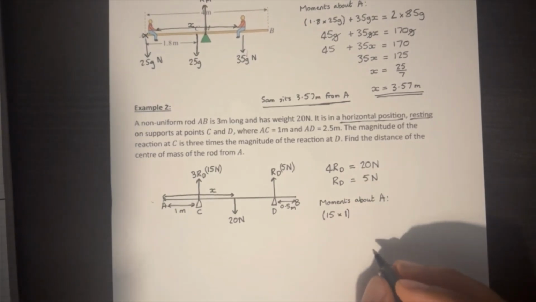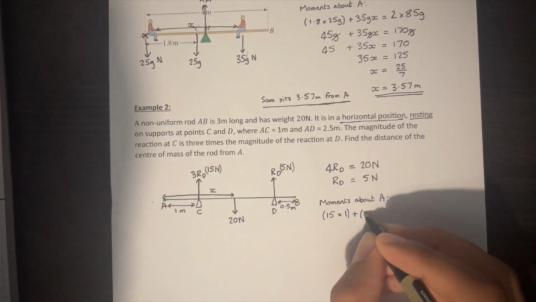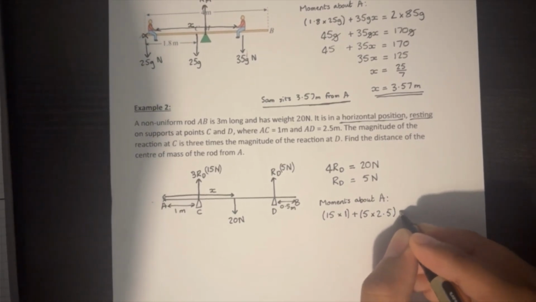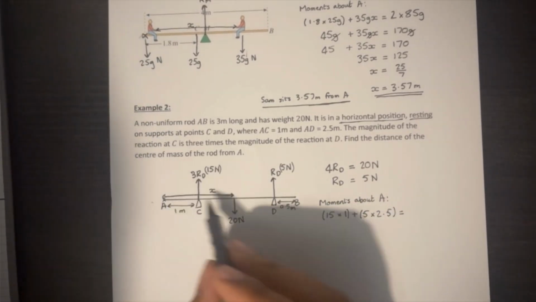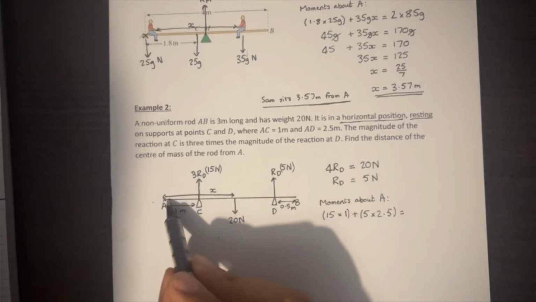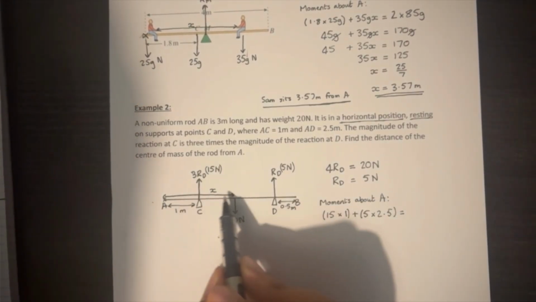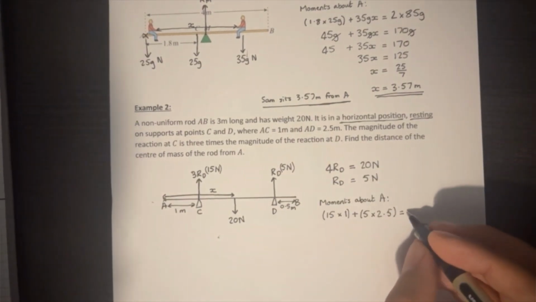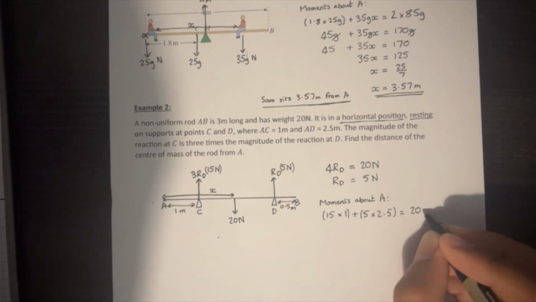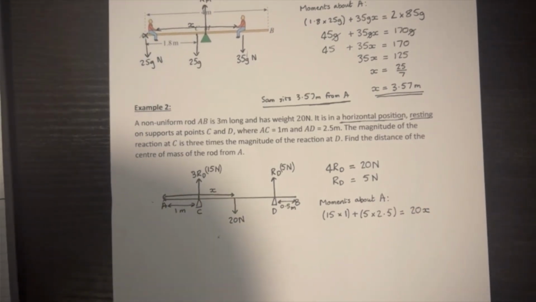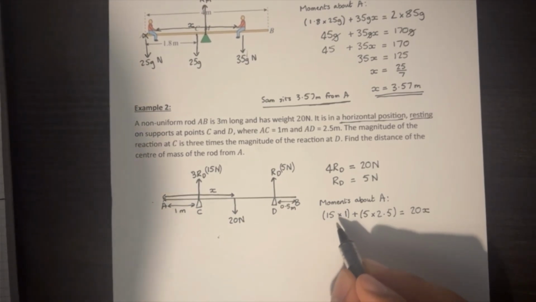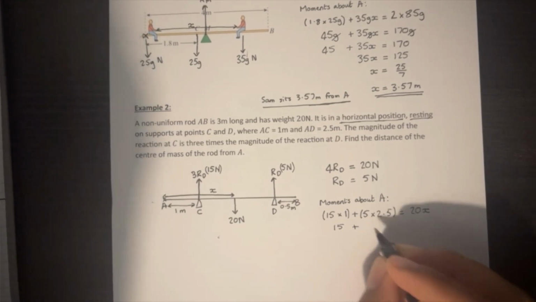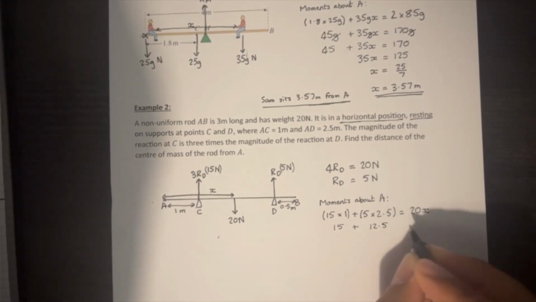So 15 times 1 plus 5 lots of 2.5, and that is equal to the moment in the clockwise direction, which is that distance x times 20. So 20x. Doing a little bit of simplification, 15 times 1 is 15, 5 times 2.5 is 12.5.